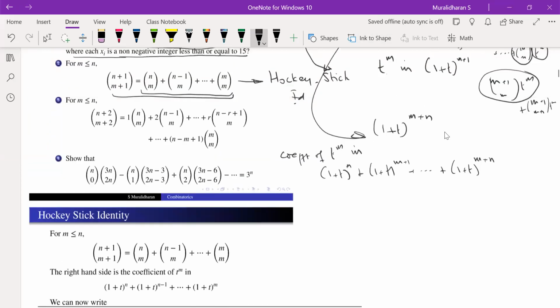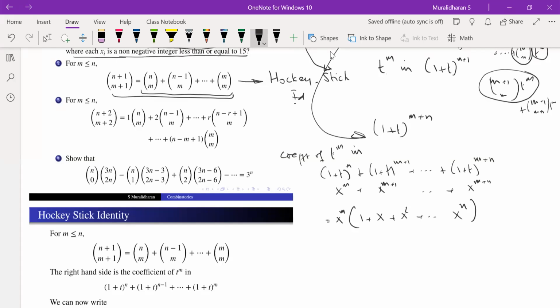So if I call this, let us say, x, then this is my x power m, this is x power m plus 1, up to x power m plus n. So I can take x power m out, and it will be 1 plus x square up to x power n. Yes, Diana.